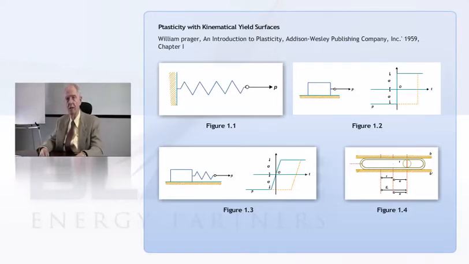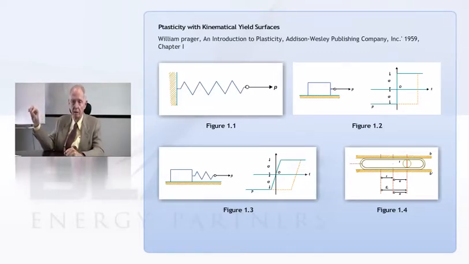And Prager got onto this notion, which was already around, that if I have a yield surface and I start to increase my stress and my stress gets to the yield surface, we've talked about how the yield surface changes as the load progresses so that the stress point is outside of the original yield surface.